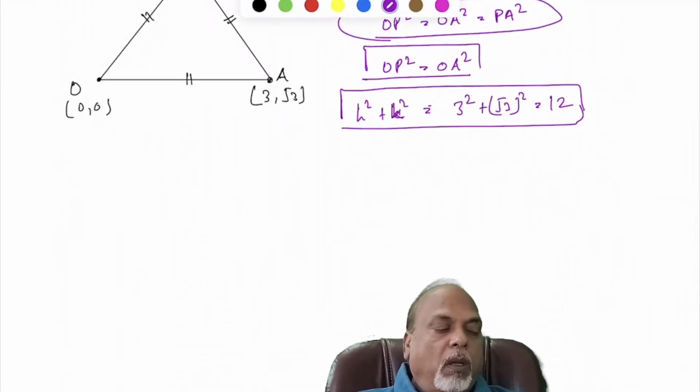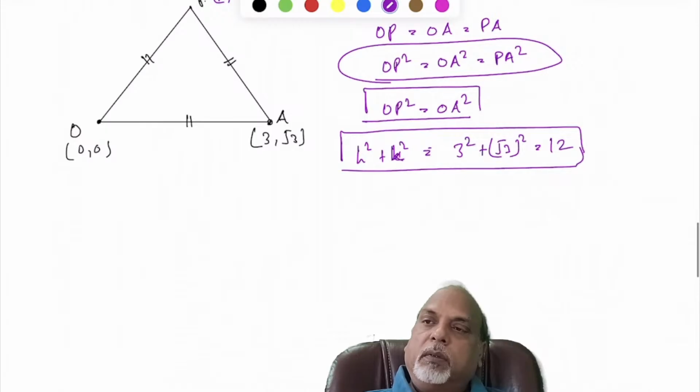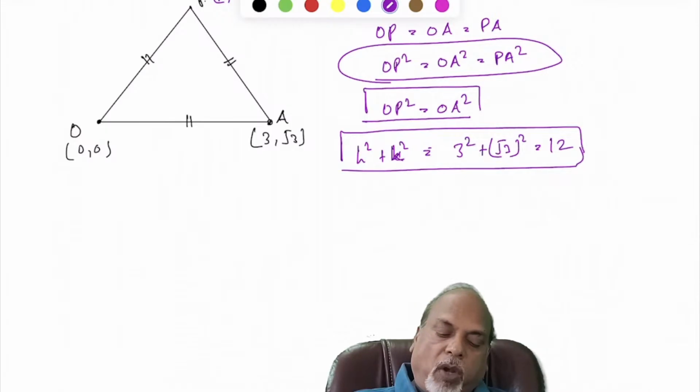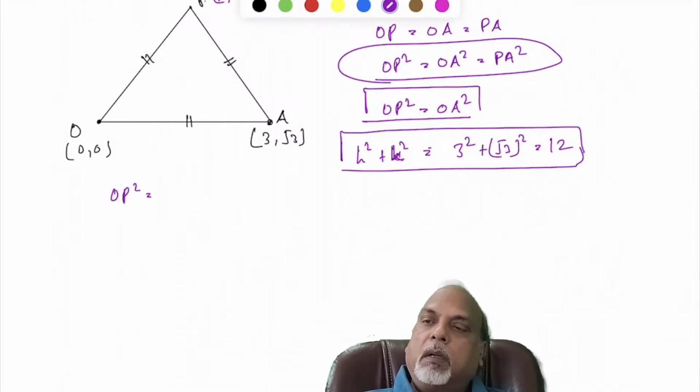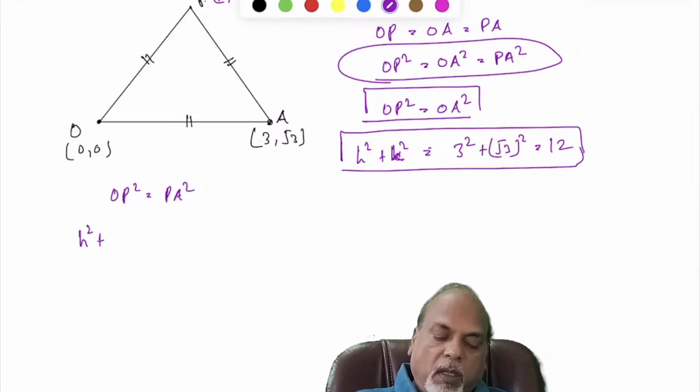Correct? Now, let us make use of OP square is equal to PA square. What will be this? OP square is nothing but H square plus K square.